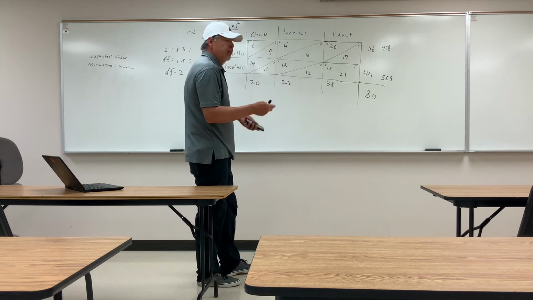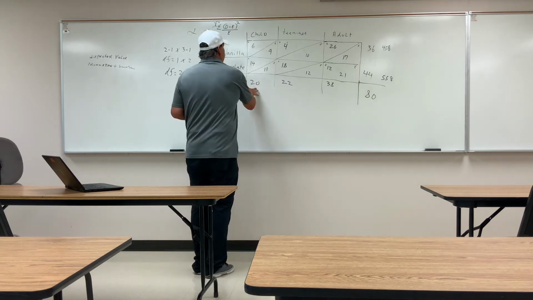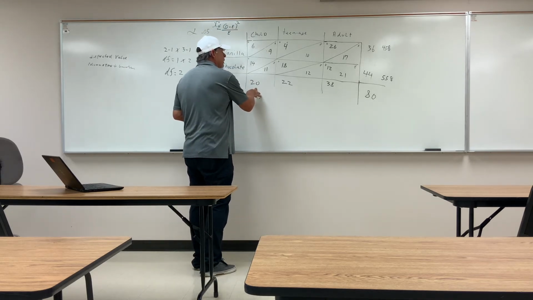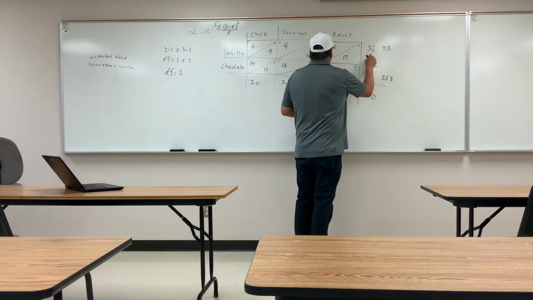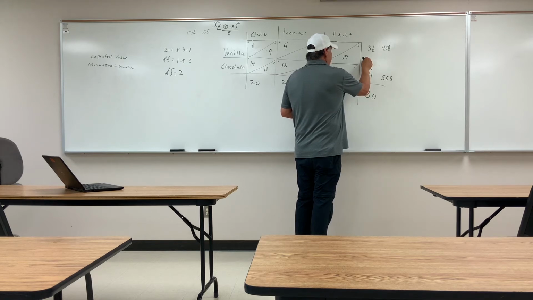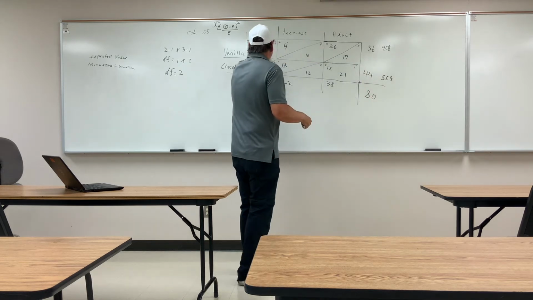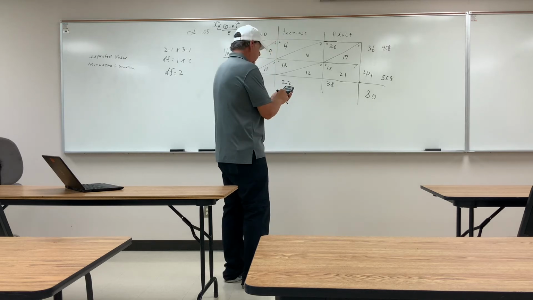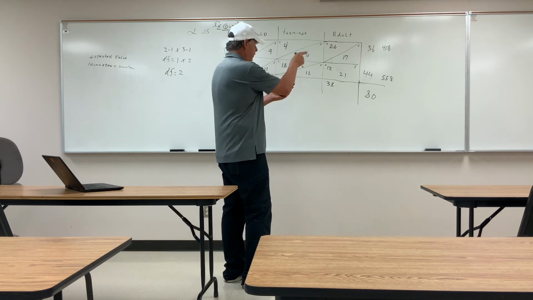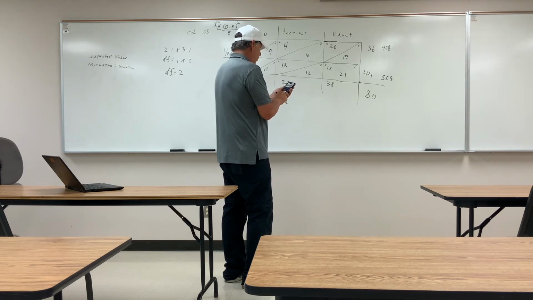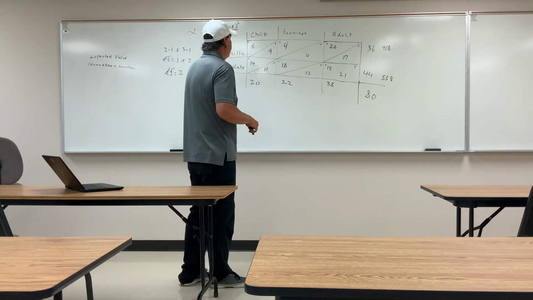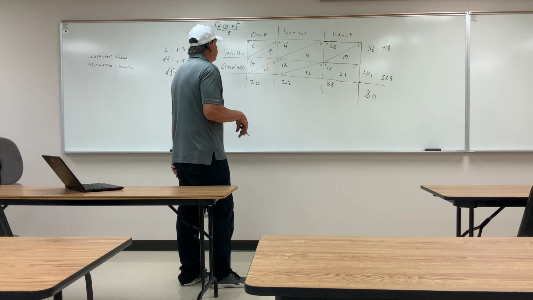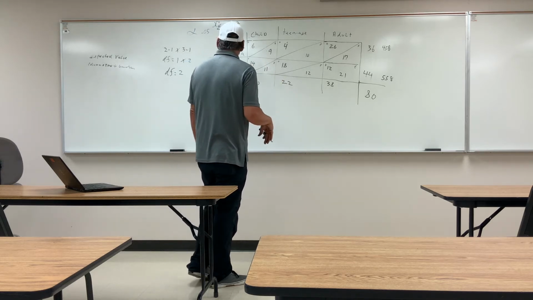So you can do it either way. So I can take this row total of 20 and I can multiply it by 0.45, the percentage of this particular row here, and it gives me the same expected value of 9. So 20 times 0.45, which is 45%, is going to be 9. So you can do it either way, it doesn't matter. However you do it, it works out both ways. But those are our expected values.